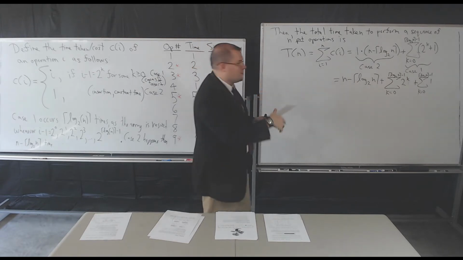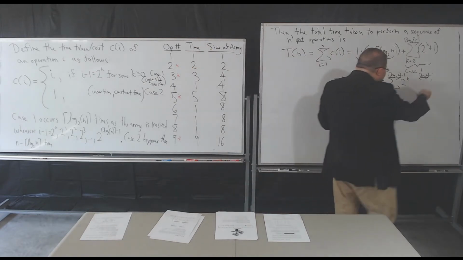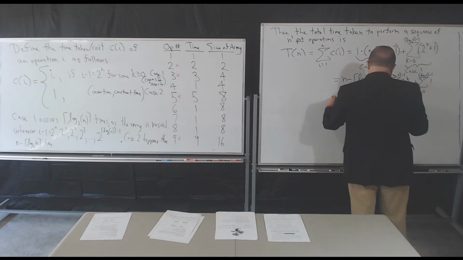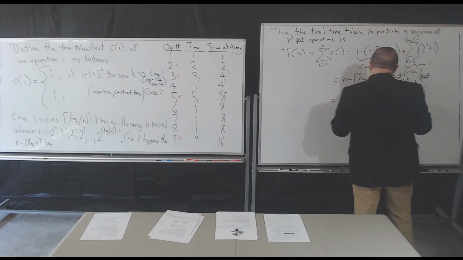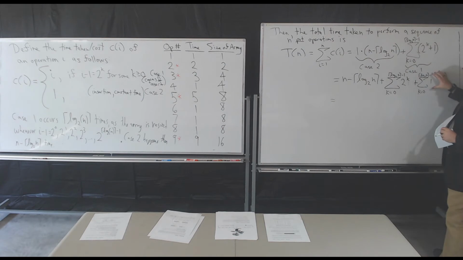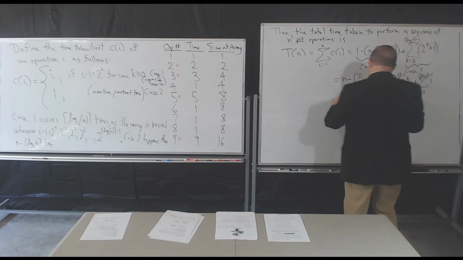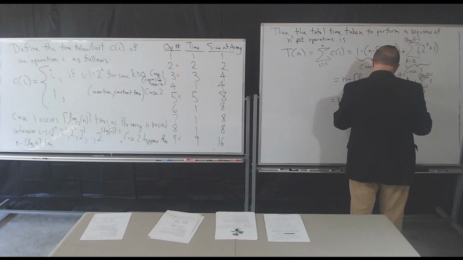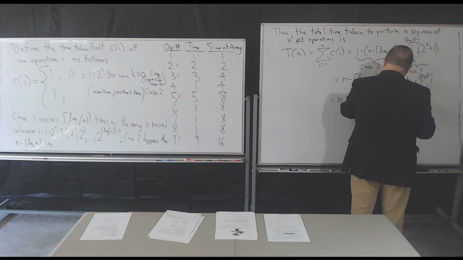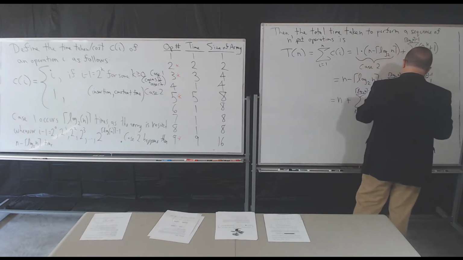Remember, there's that counting rule I brought up. So what is that? That's just the ceiling of log base 2 of n. So that means I can cancel this out with that term. So I have n plus the sum from k is 0 up to the ceiling of log base 2 of n minus 1 of 2 to the power of k.